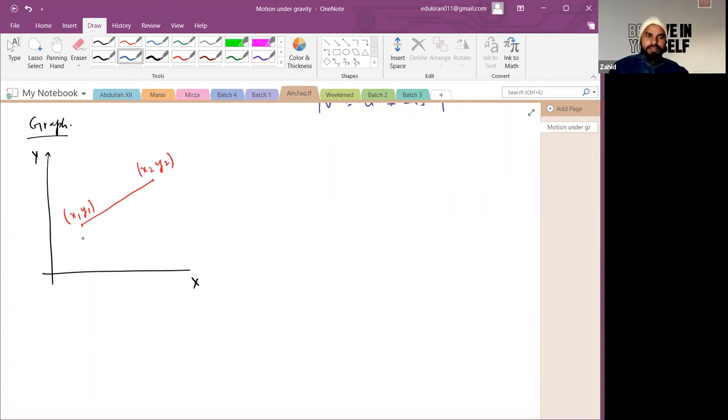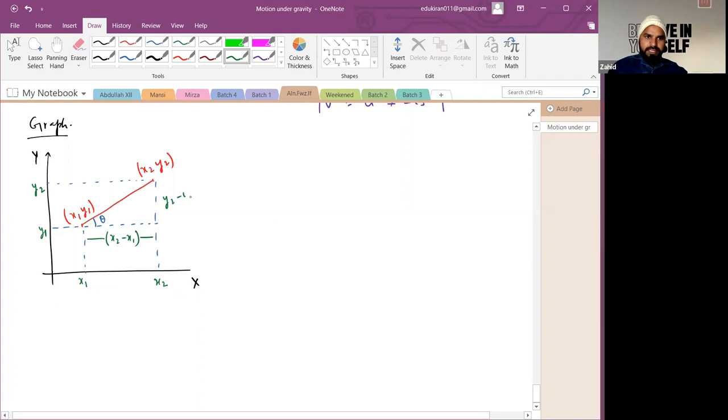So if you have to calculate slope of this line, draw a horizontal line to this and vertical line to this. So this inclination theta may be calculated using these coordinates as this point will be x1, this point will be x2. So if you subtract these two terms, you will get x2 minus x1 from this to this. Similarly, this will behave as y1 and this will be y2.